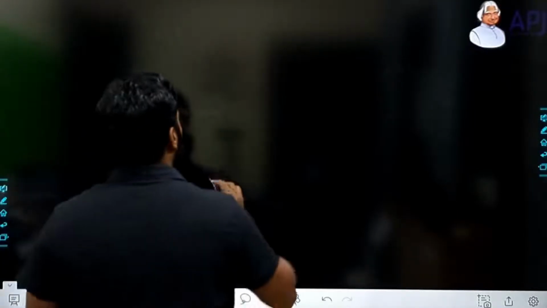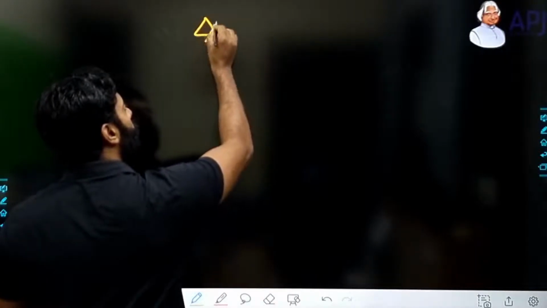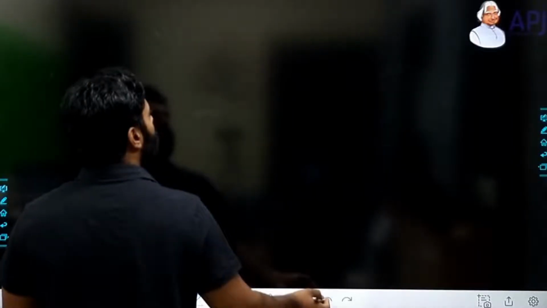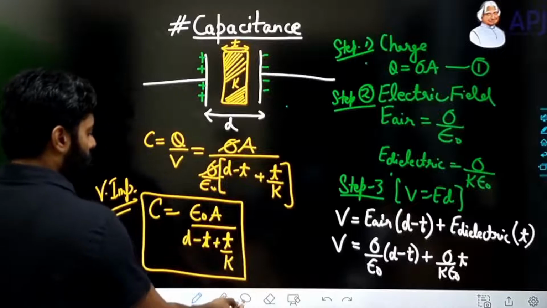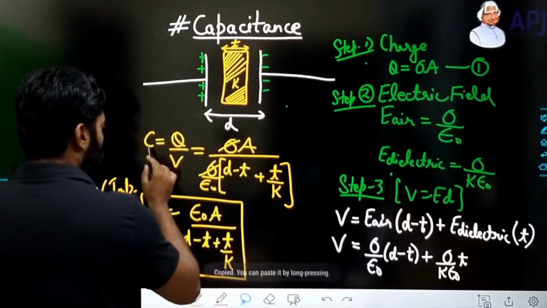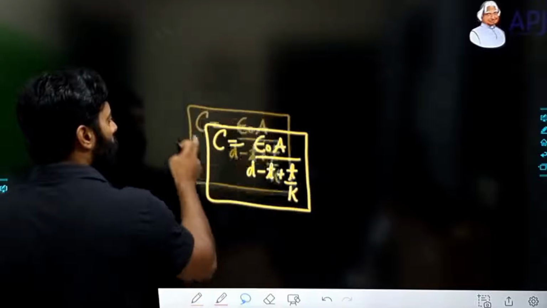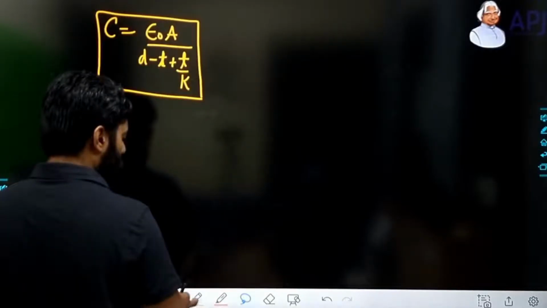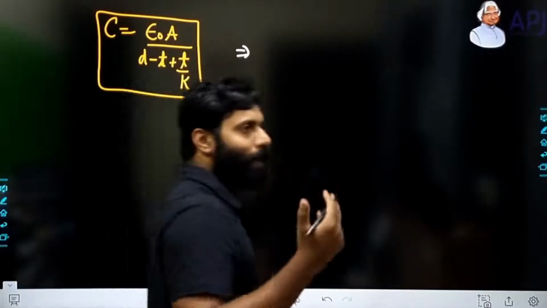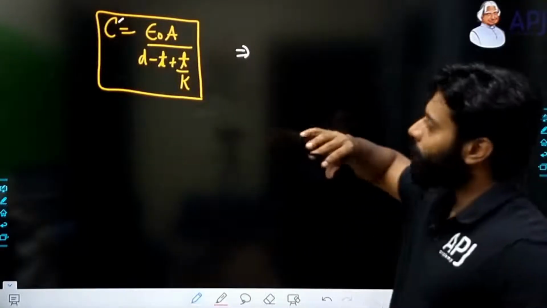Now moving forward, we have to find out, I'm using this equation only first of all, because variety should be there. Now I'm keeping this here. What if I have to compare this value with my previous value?